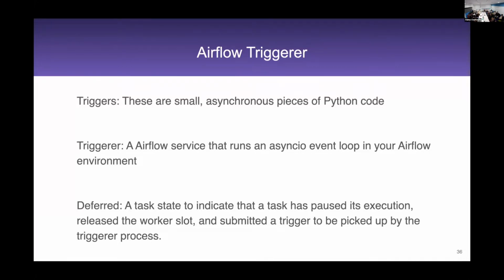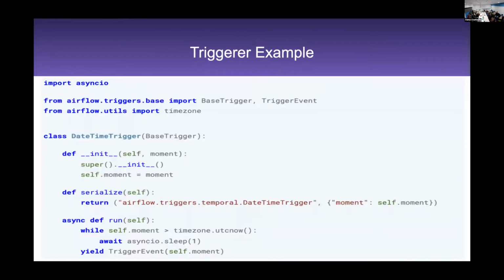Airflow also introduced a state, deferred. Once your task pauses its execution, its state becomes deferred, it releases the worker slot and submits the information to the trigger so that it can pick up this particular trigger. Here is one example of a trigger.